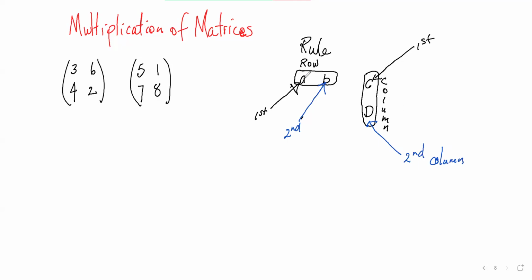The first element of the row, I'm going to multiply it by the first in the column, the second in the row by the second in the column. So let's go. That's the rule throughout.